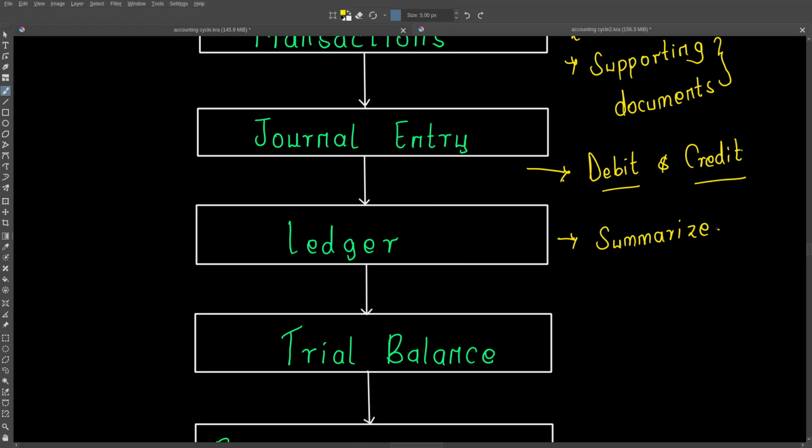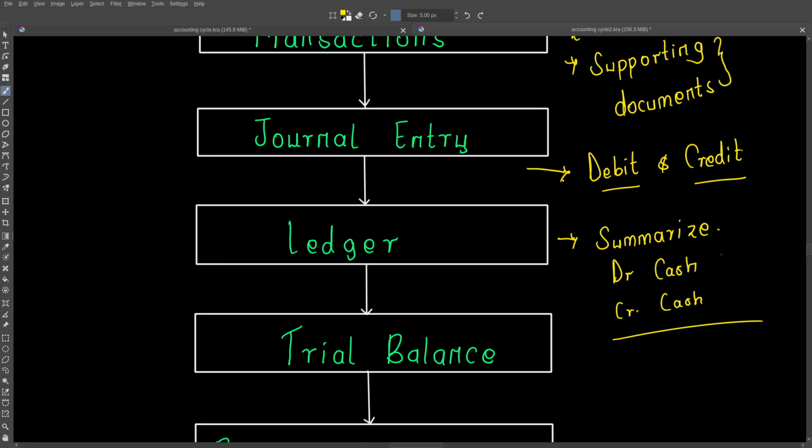So we are able to see the balance at the end of the period. We can see the movement during the period. Let's say you had a debit on the cash account of this amount, you add a credit later in that cash account, maybe another debit and another debit. So at the end, we are able to see individually as a cash account what are the balances and the movements during that period.